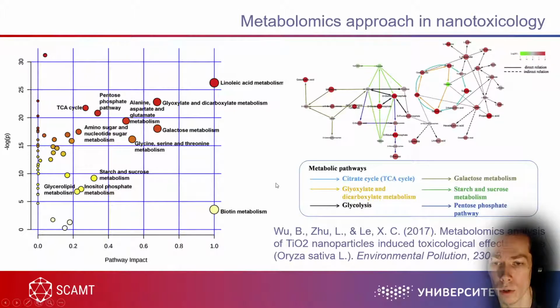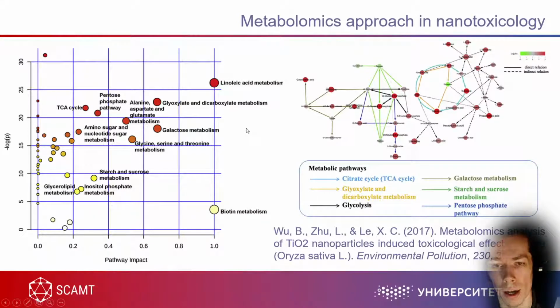And what is the result of the metabolomics study? The results may be presented in plot charts, and on this chart you can plot a lot of different metabolites. Again, you cannot study everything, especially if it's only a plant.